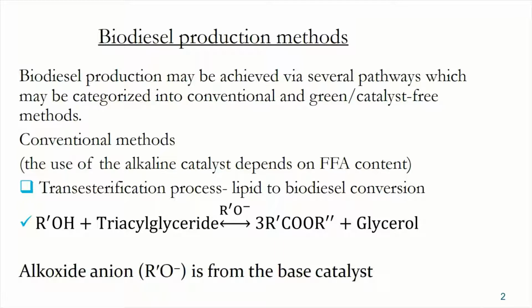So in this case, you catalyze the process. Moderate temperatures, less than 100 degrees, are required to facilitate the production of your esters, your fatty acid methyl ester, with a byproduct of glycerol.